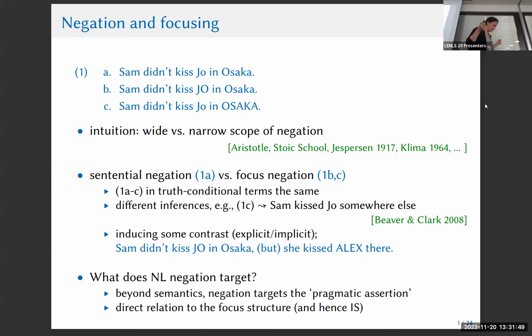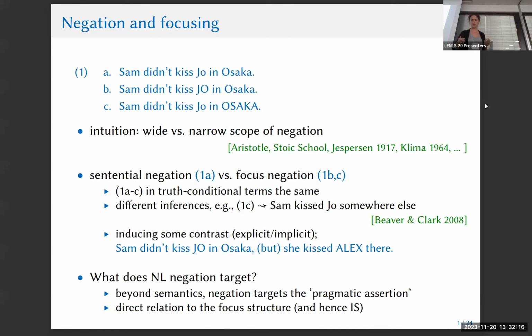What we are working on is heavily under construction, very much work in progress. But what is actually the natural language negation target in these examples, and uniformly? The claim I would like to make is that, beyond semantics, negation targets the pragmatic assertion.